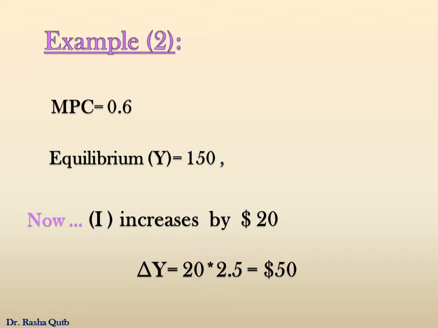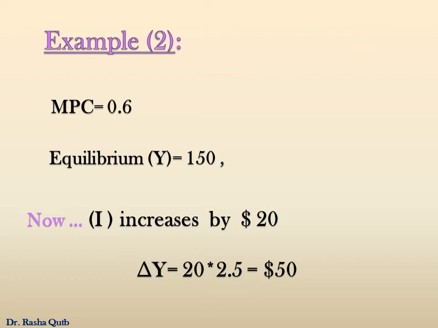Okay, how to get the new value of equilibrium national income in this case? So we have to calculate the value of multiplier, which equals 1 over 1 minus b, 1 over 1 minus 0.6, it means equals 2.5.